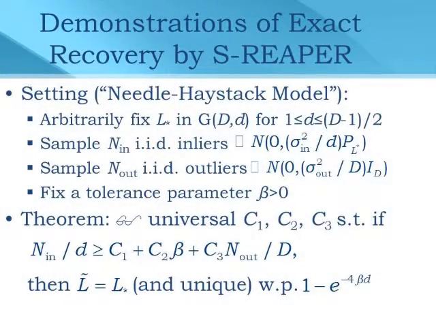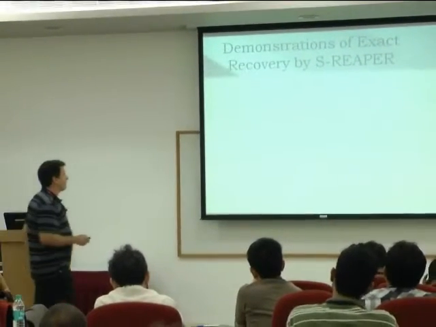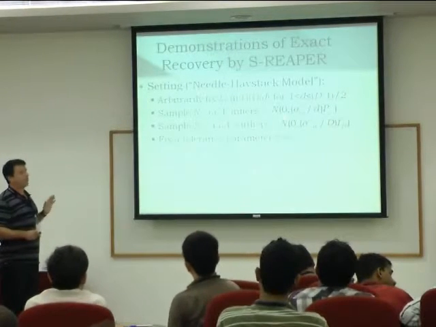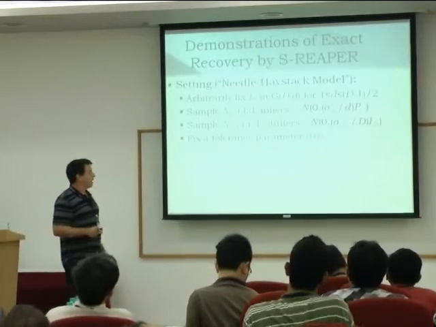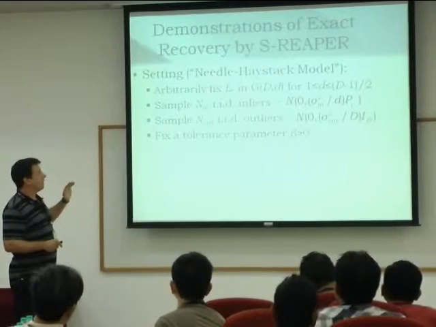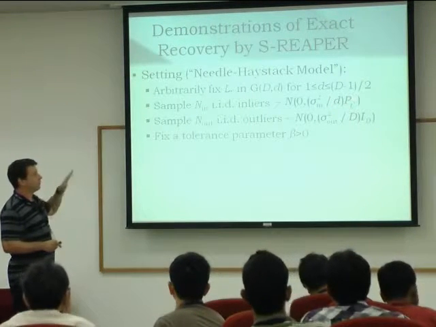Okay, so let me demonstrate how the Reaper algorithm or the S-Reaper algorithm can actually recover a subspace in theory. So let's have the setting with some Gaussian models, and later we go beyond the Gaussian. So we have some Gaussian distribution along the subspace. So it's some scaling on the projection on the subspace.